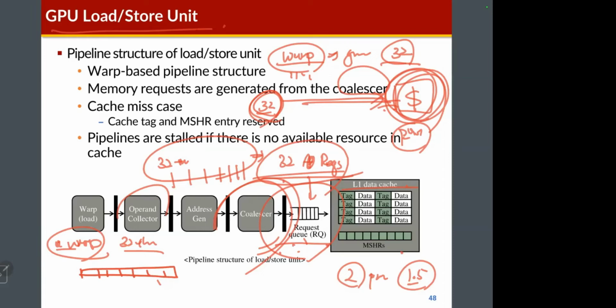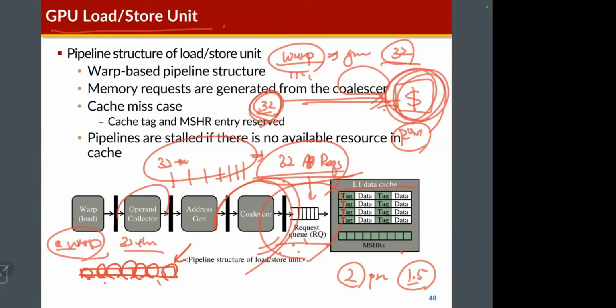The indexes of these threads are determined by the thread's dimension in the CTA, the cooperative thread block. When the warp is generated, neighbor threads are grouped into the same warp, which is obvious.